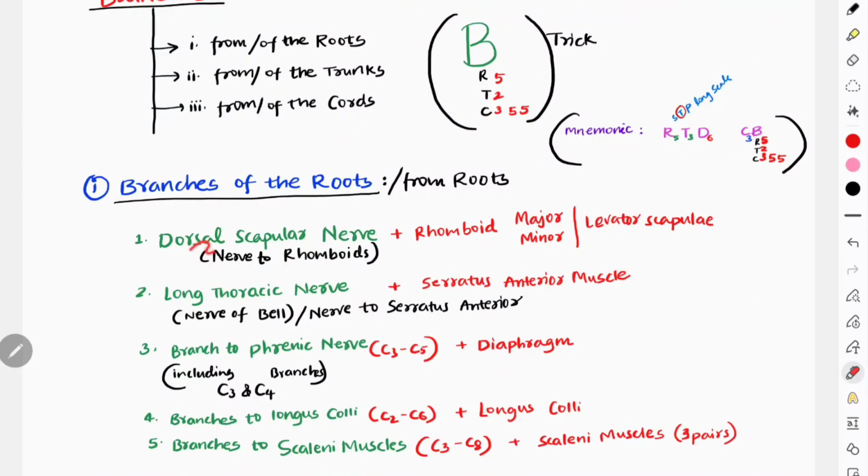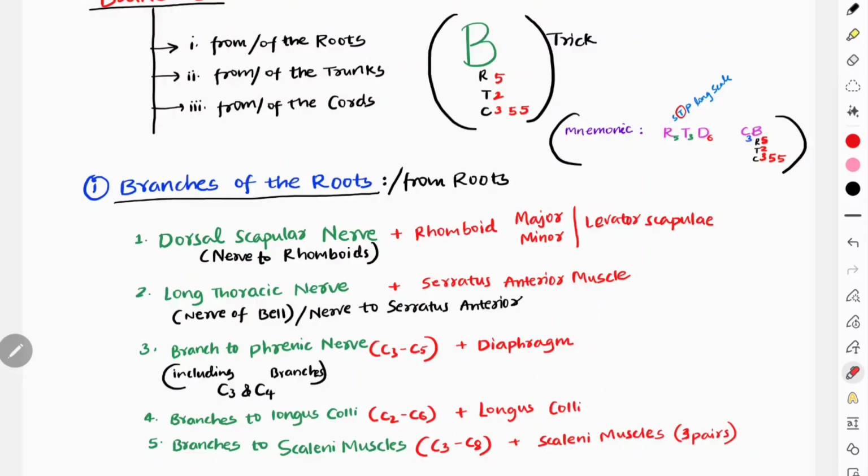Why I am saying branch to phrenic nerve is that it gives a branch to the phrenic nerve. That's it. It's not the complete phrenic nerve. It just gives a branch to the phrenic nerve, which unites with other segments and forms the phrenic nerve. Same as the branch to longus colli muscle. So one branch to longus colli, and the branch to scalene muscles, that is scalenus anterior and scalenus medius.